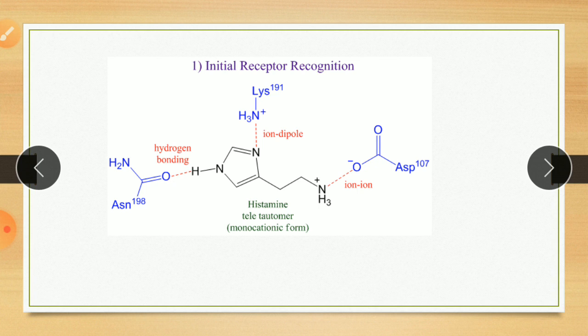The H1 receptor has approximately 45% homology with the muscarinic receptors M1 and M2. So the histamine receptor has structural similarity with muscarinic receptors M1 and M2.